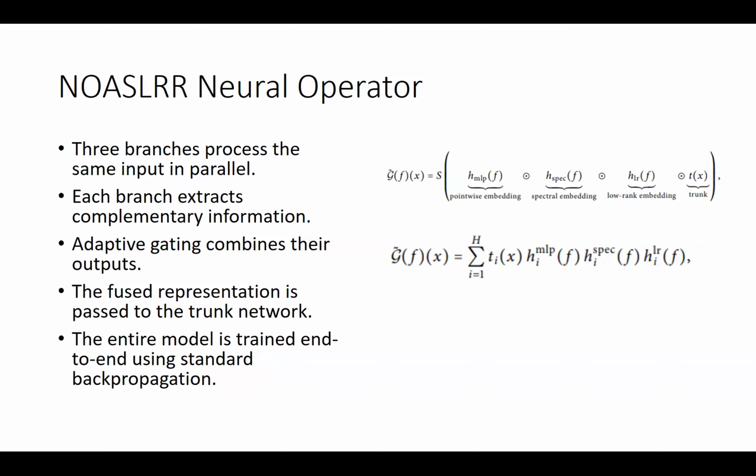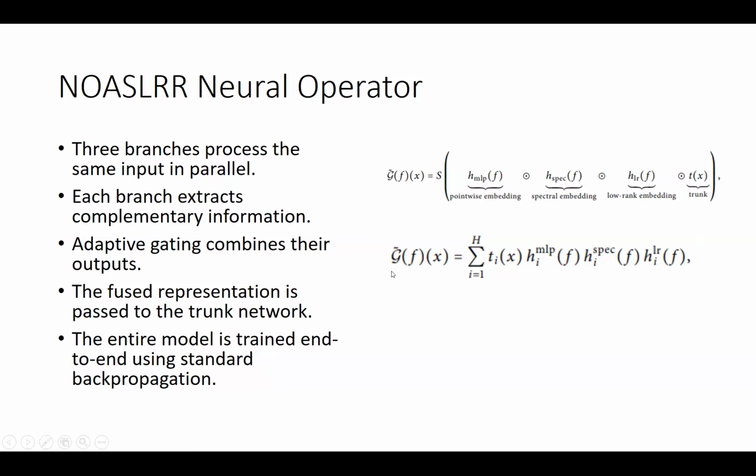This fused representation is paired with the trunk network's continuous coordinate representation. There are two formulas. The first one is just an element-wise Hadamard product of embeddings of each branch, and S is some aggregate function.